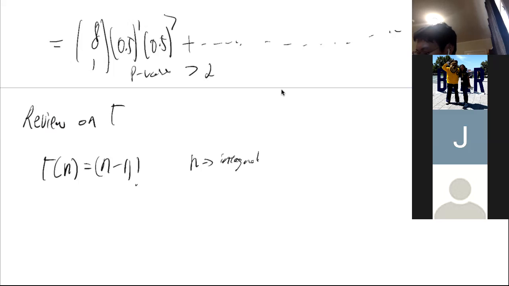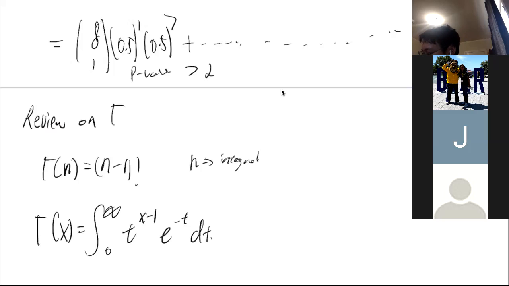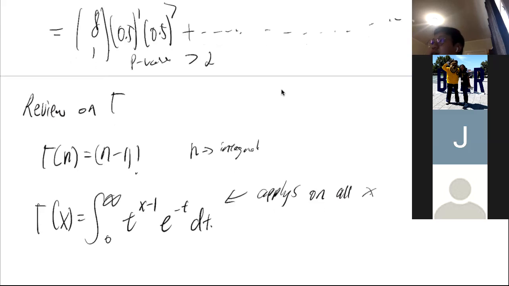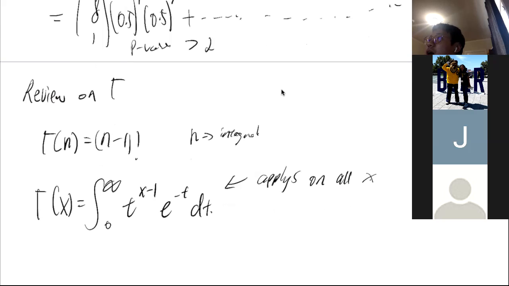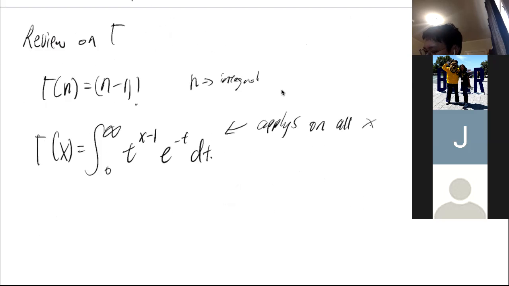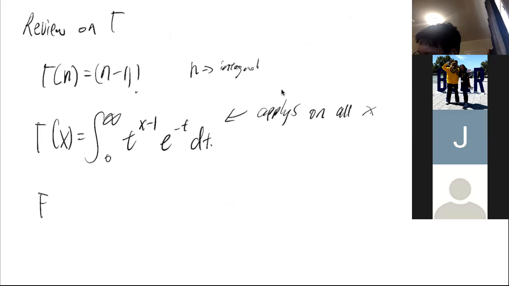But the actual definition of the gamma function is the integral from 0 to infinity of t to the x minus 1 times e to the negative t, dt. That applies to all x, or all n, whichever you prefer. We have told you that the gamma function of 0.5 is square root of pi.